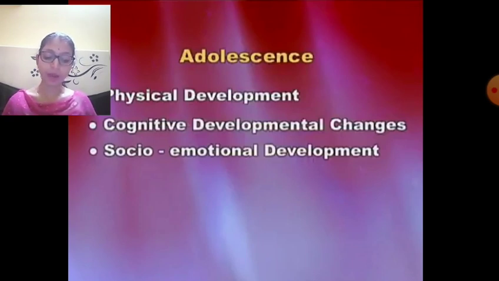So adolescents' developing ability to reason gives them a new level of cognitive and social awareness. Piaget believed that formal operational thought appears between the ages of 11 and 15. This is the last stage of Jean Piaget's theory, the formal operational thought period.